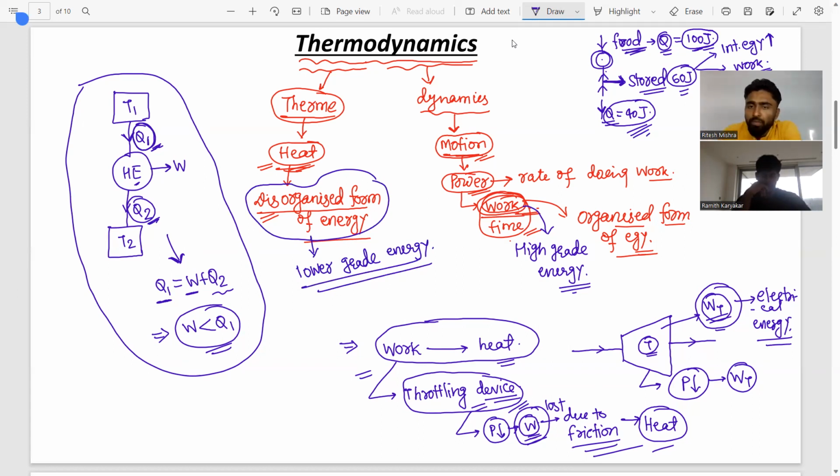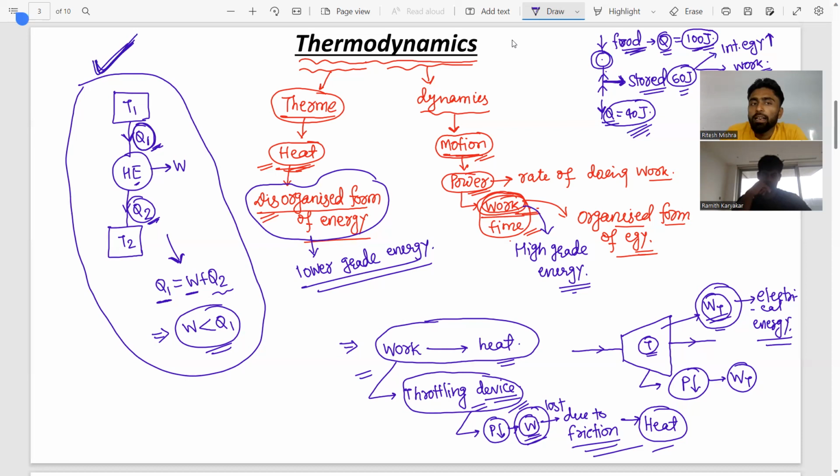The energy transfer will be of two types: one is heat, the other is work. Our aim in studying thermodynamics is to convert this low grade energy into high grade energy in an efficient manner.